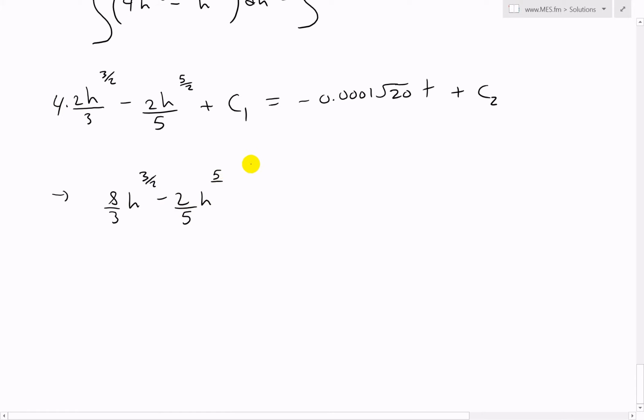What we end up having is, the heights are all 2 now, so 8 over 3 times 2 to the power of 3 over 2 minus 2 over 5 times 2 to the power of 5 over 2, in brackets like that, and this equals negative all this times t, which is 0, so it just goes to 0, and then plus c. And now you could plug this in a calculator and solve for c.